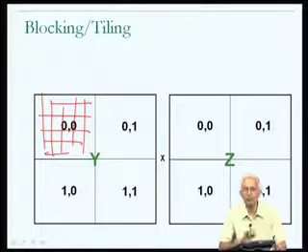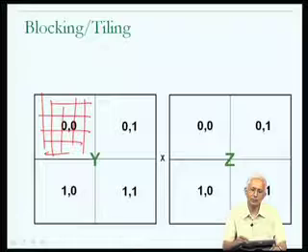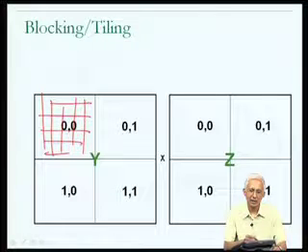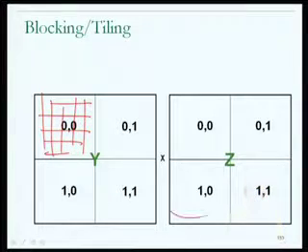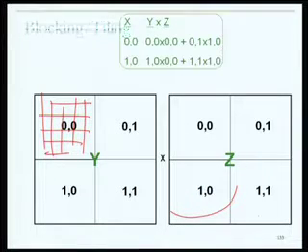Now in order to compute the product matrix X, I will have to multiply Y of 0,0 by Z of 0,0, and I will have to multiply Y of 0,0 by Z of 0,1. I will have to multiply Y of 0,0 by Z of 1,0, as well as Y of 0,0 by Z of 1,1. But instead of doing them one by one without regard to reusing the values, I will do it in a more calculated way.